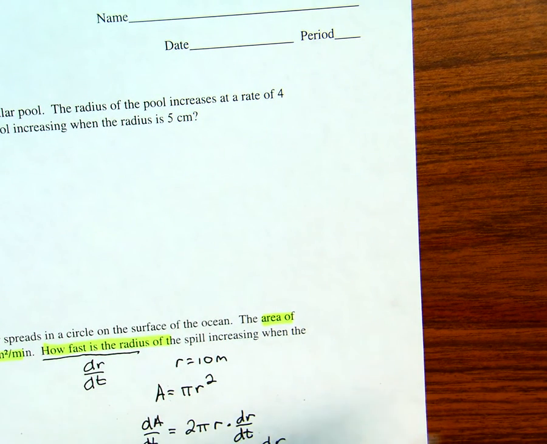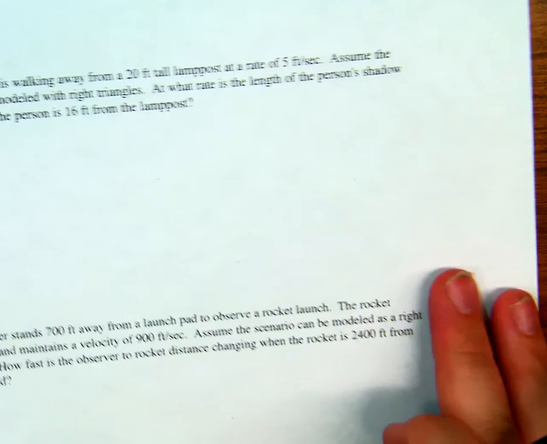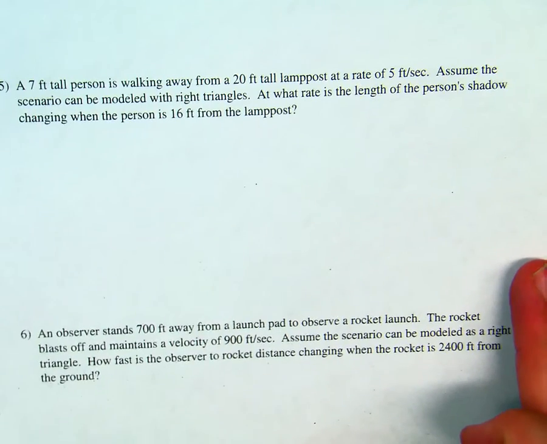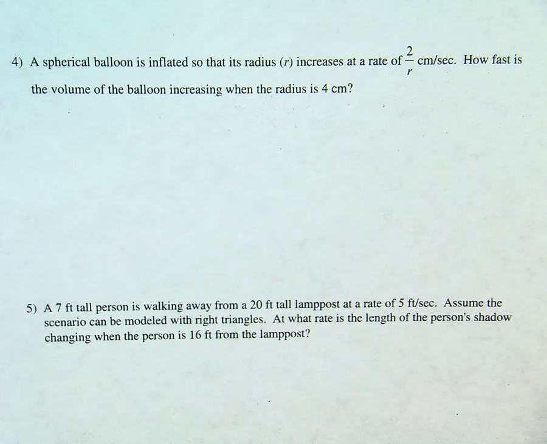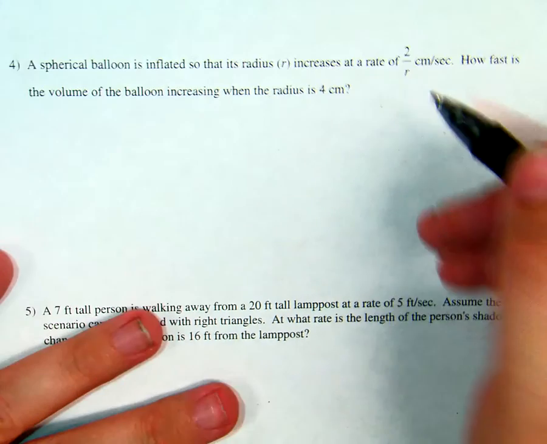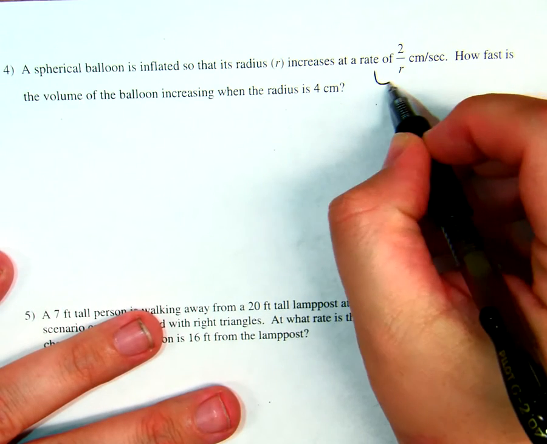A spherical balloon is inflated so that the radius increases at a rate of 2 over r centimeters per second. So this is telling me that the radius is changing at this. So what do you think this is going to be? dr/dt.